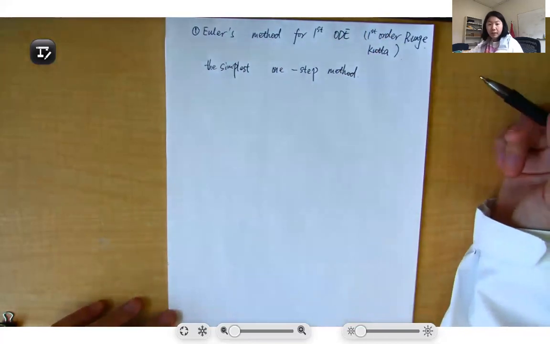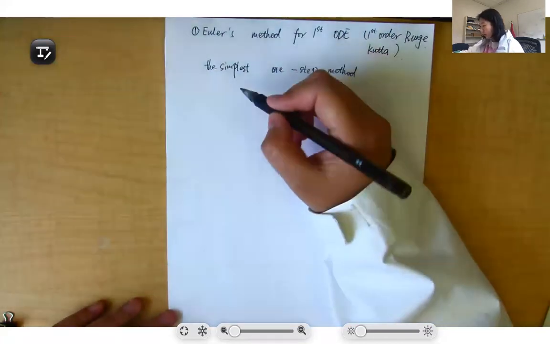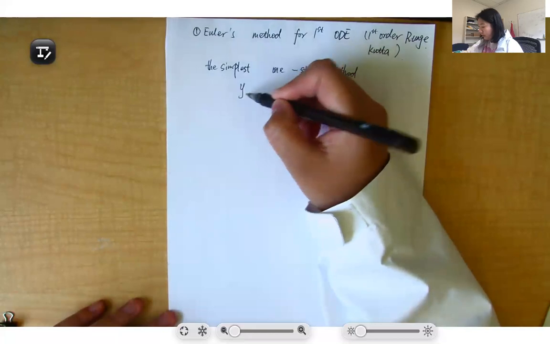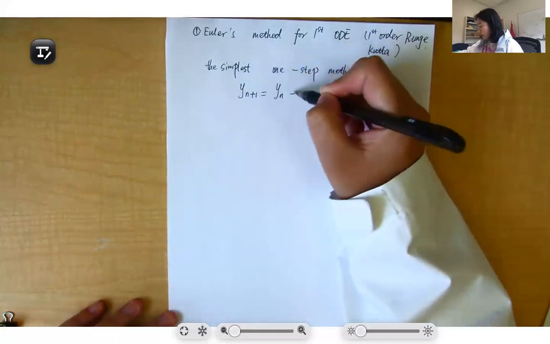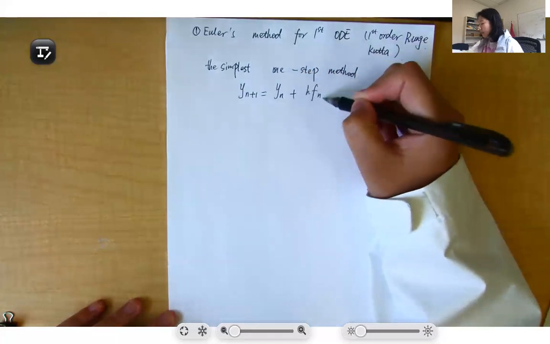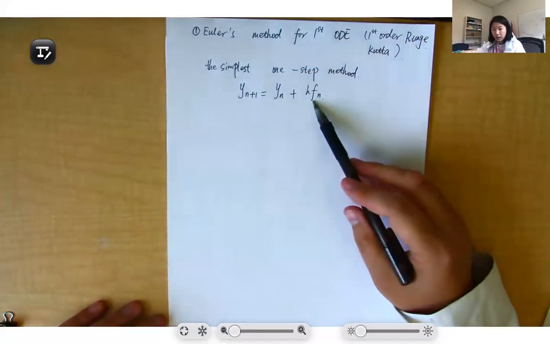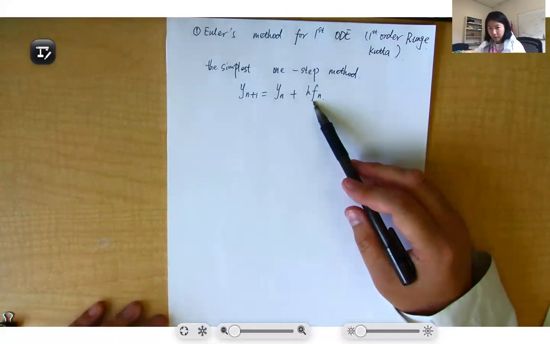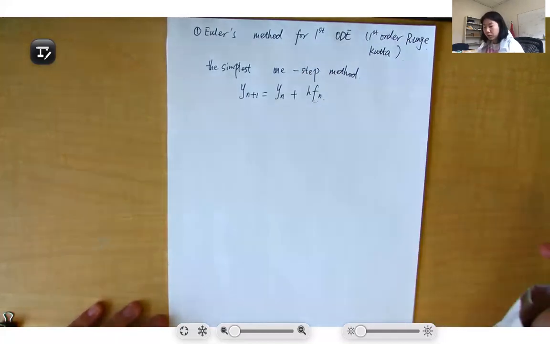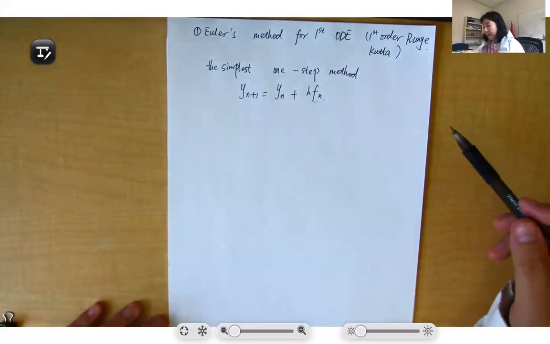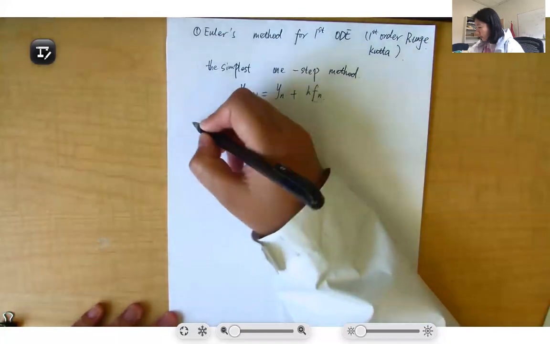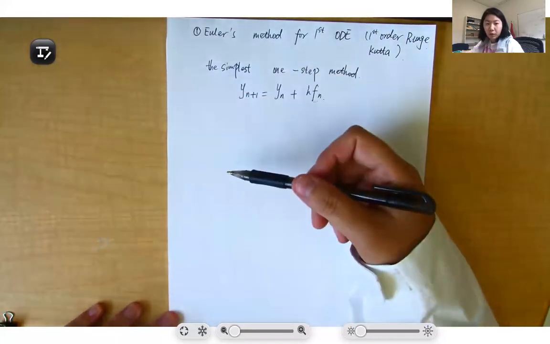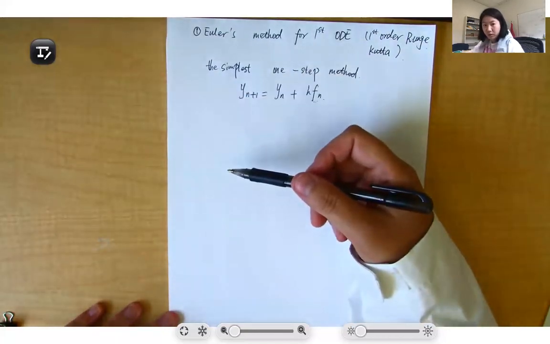And how we write Euler's method, using our discrete notation: y(n+1) will be equal to yn plus h fn. So we only keep the term h fn and truncate all the higher terms of h, and that is Euler's method. Here there are some definitions regarding the error of this numerical solution.